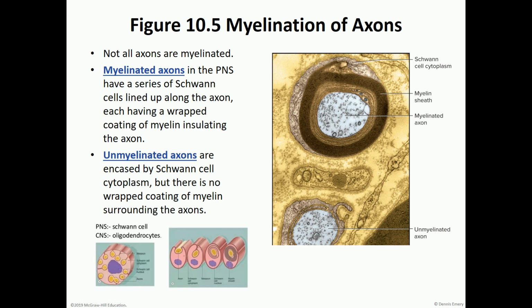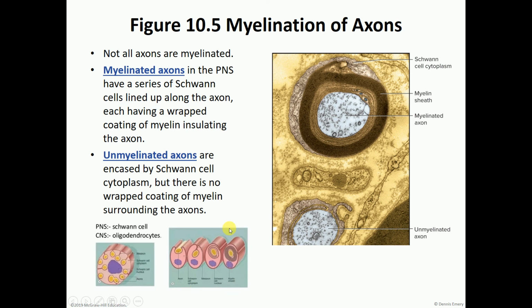So these are unmyelinated axons. Yes, they are surrounded by a little bit of fat coming from that cytoplasm, but there's no wrapping. Again, those electrical wires have to be insulated. Either they are very well insulated, like in these myelinated axons, or not very well insulated, like these unmyelinated axons. So in both cases, there are Schwann cells involved. But in unmyelinated axons, the Schwann cell does not wrap itself around the axon.